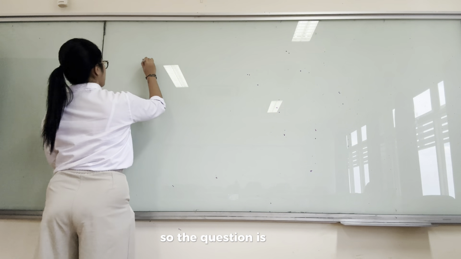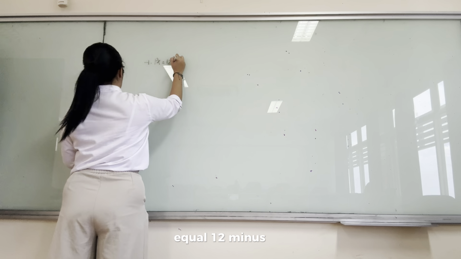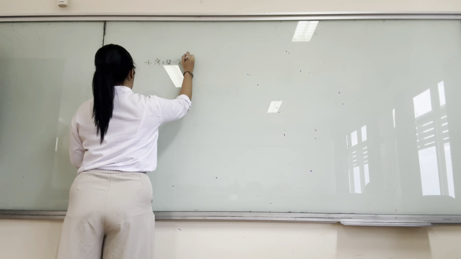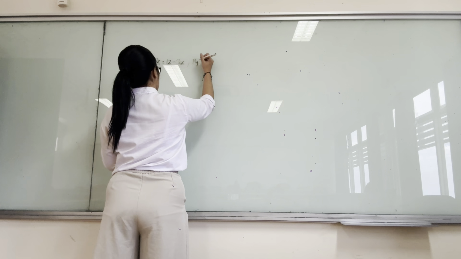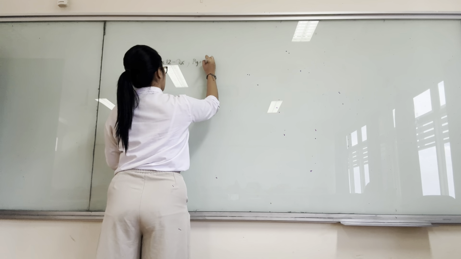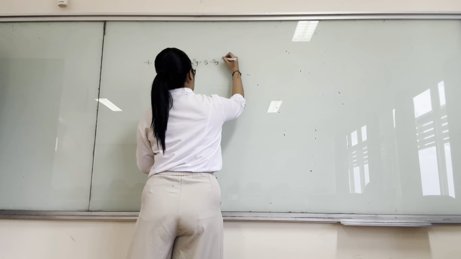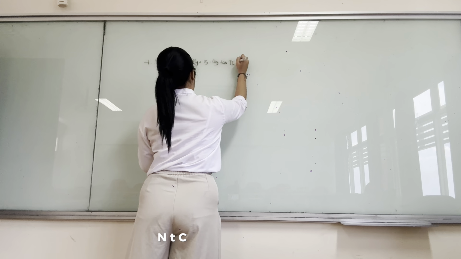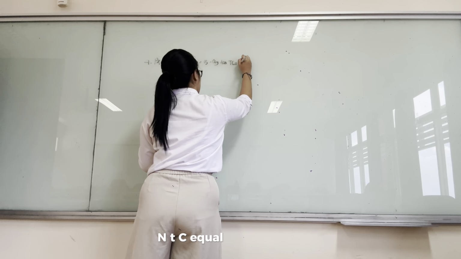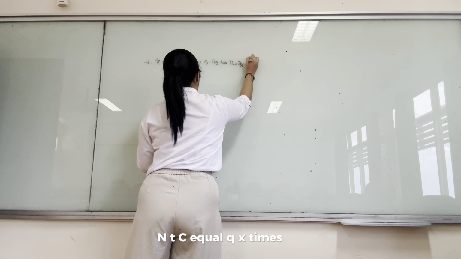So the question is, Px equal 12 minus Qx, Py equal 15 minus Qy, and TC equal Qx times Qy.